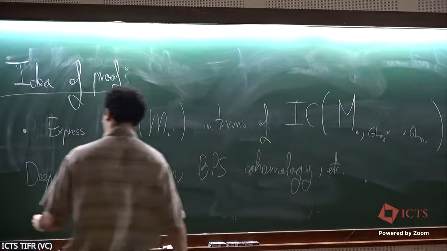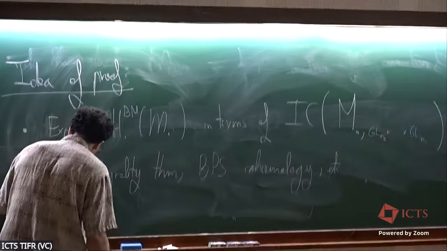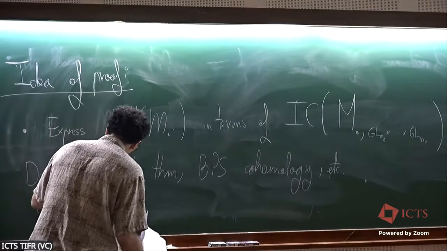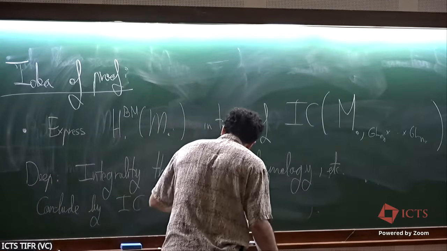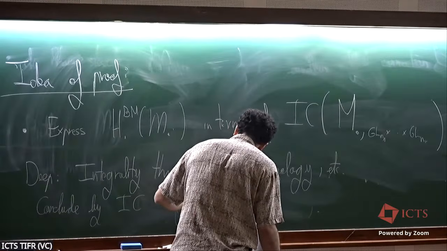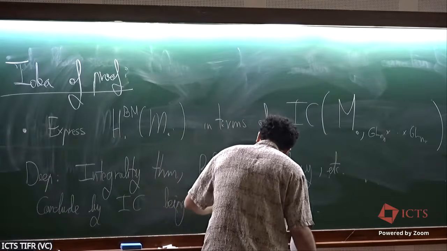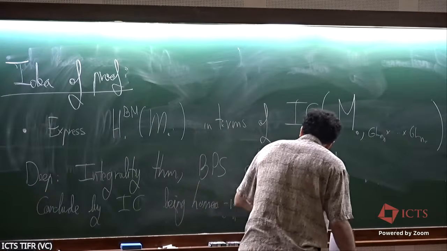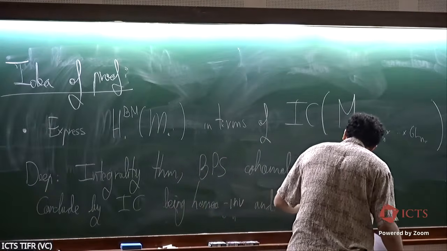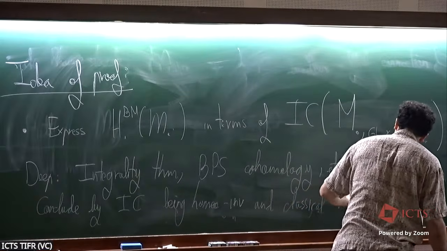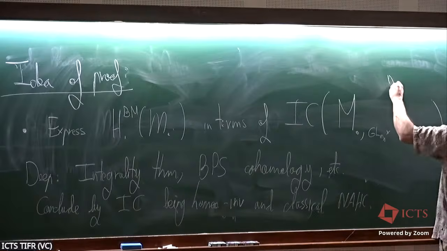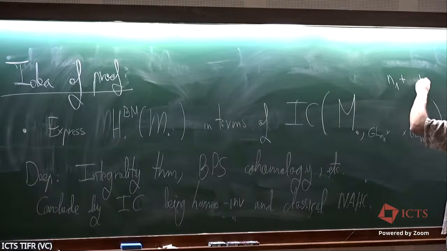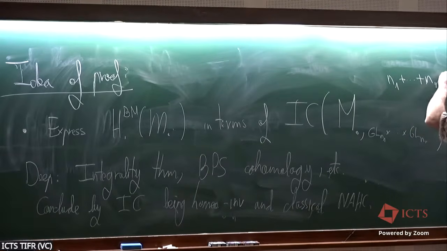So to conclude, we use intersection cohomology being invariant under homeomorphism, and the classical non-abelian Hodge correspondence. Yeah, so the n1 and n2 have to add up to n. We have to consider all those.